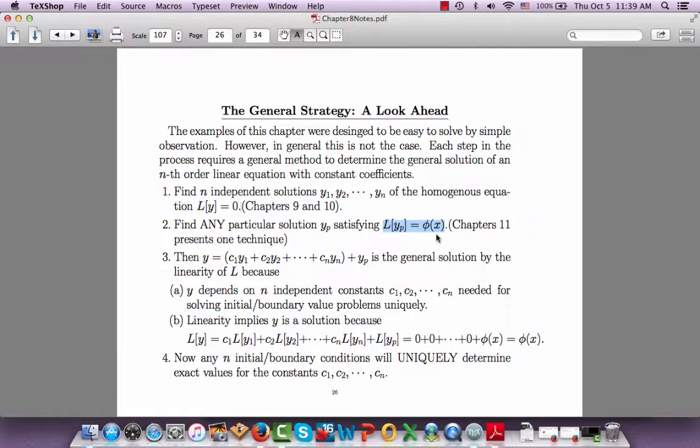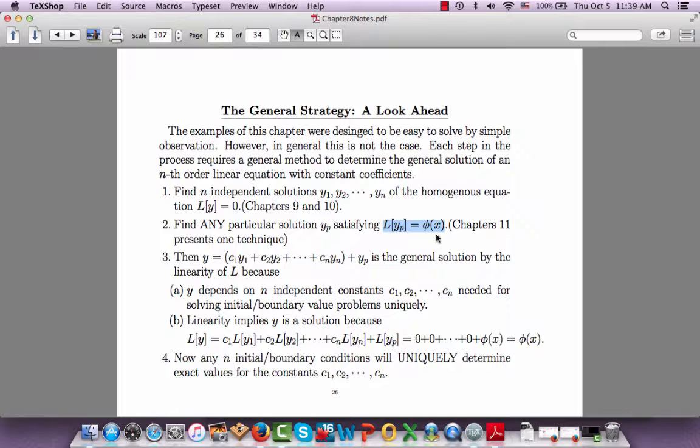We're going to talk about a technique called the method of undetermined coefficients. Basically, by looking at what phi of x looks like, we can take an educated guess as to a general form of what a solution would look like, and then plug it into L. Then we compare what we get with what we have for phi of x.